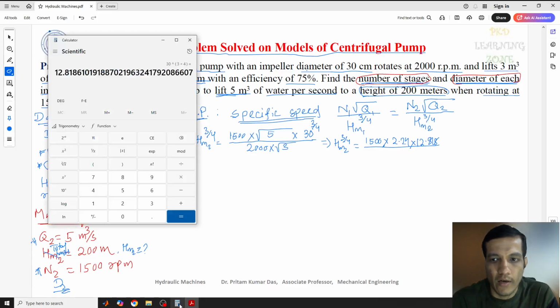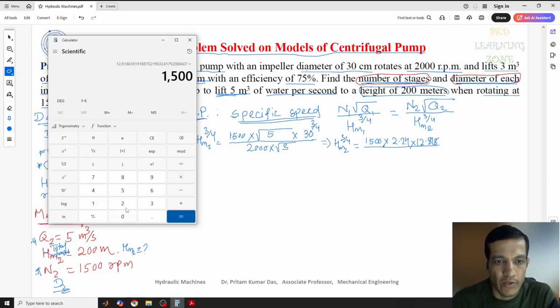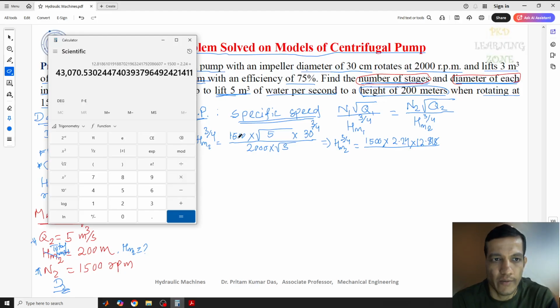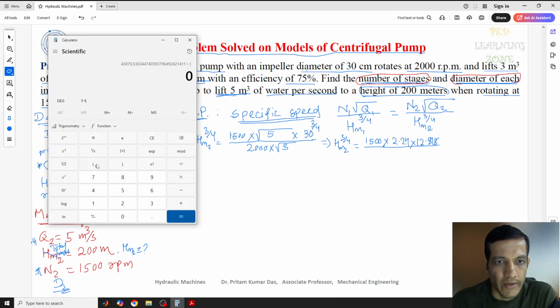Now multiply 1500 by 2.24. So what will we get? 43,000 some value. Okay, and divided by this one, bracket start, 2000 into root over of 3, bracket close.